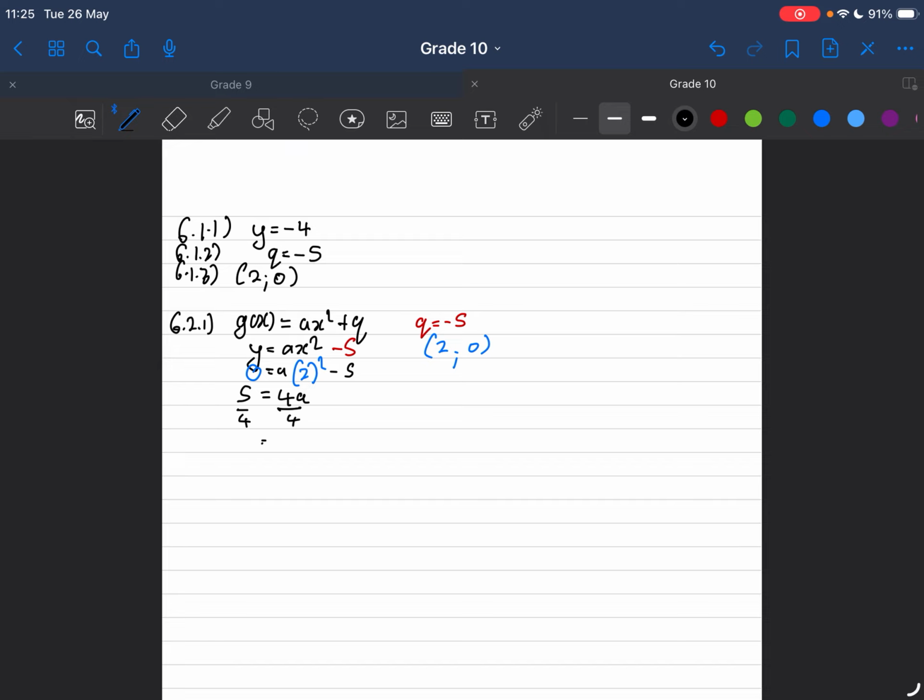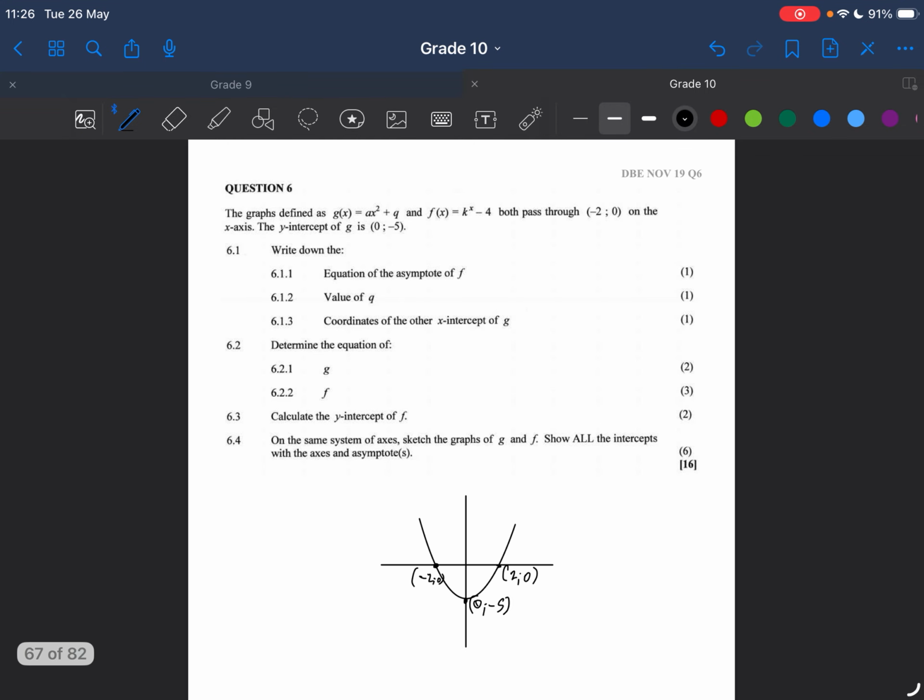Divide both sides by 4, and a is equal to 5 over 4. So let's write our final equation. g of x is equal to 5 over 4 x squared minus 5. Alright, and that's done. The next question is now asking us for the equation of f.